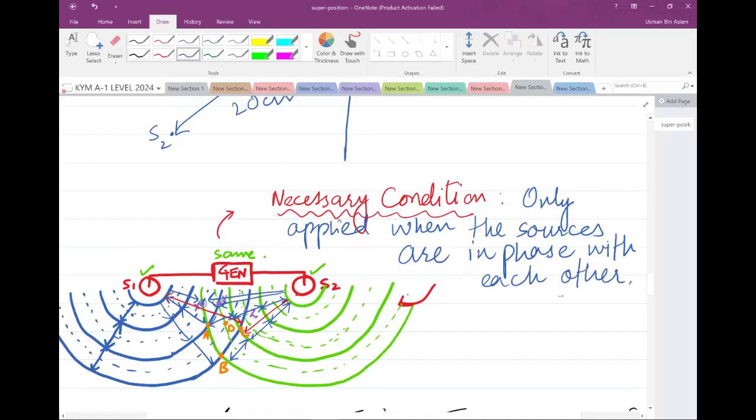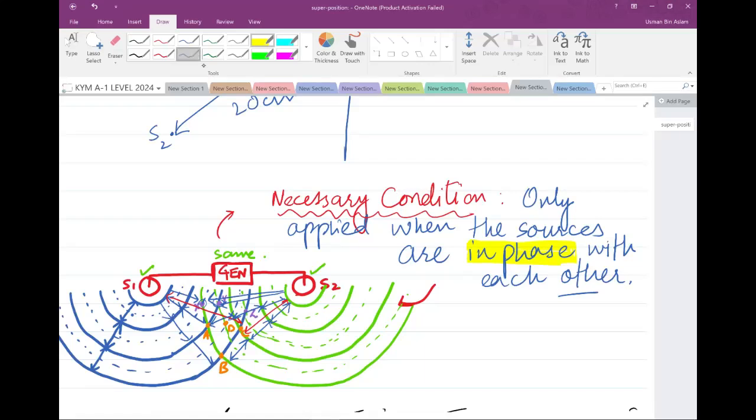What does in phase mean? First of all, do you register what I'm saying? The two formulas that we have learned will be applied only if the sources are in phase. Examiner will tell you if they are in phase or not.